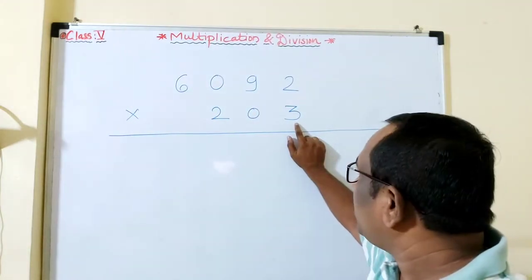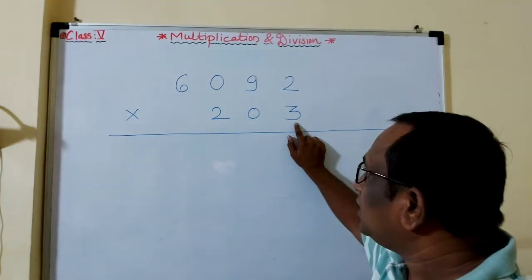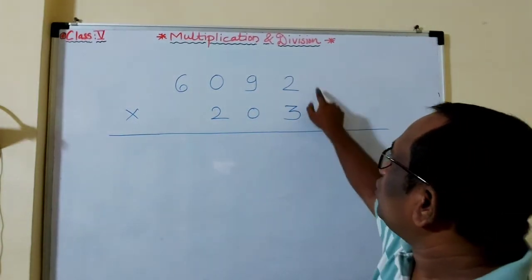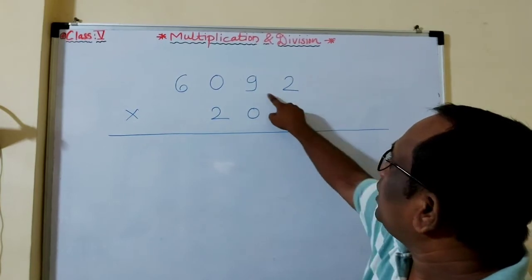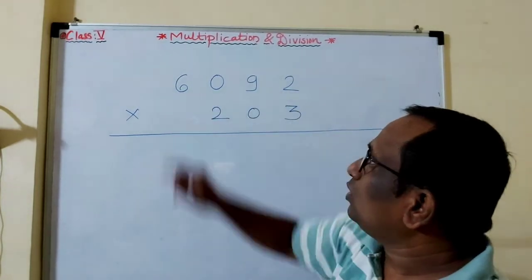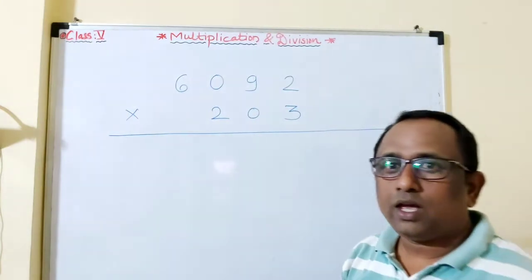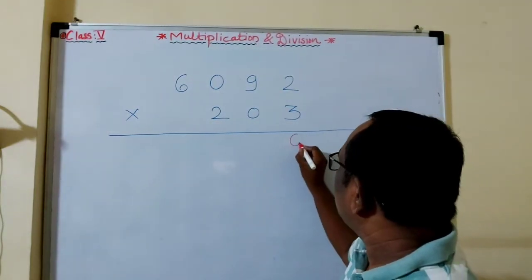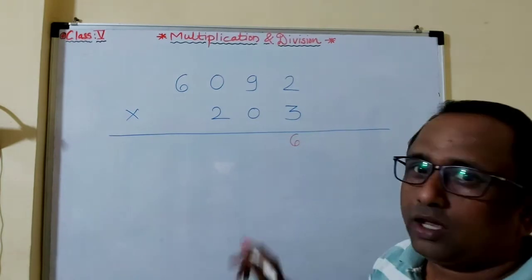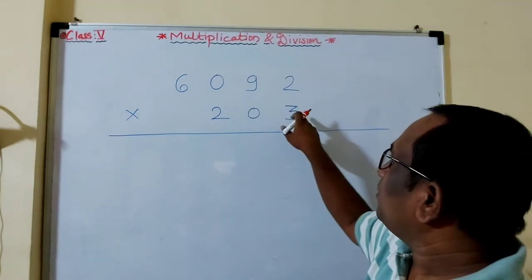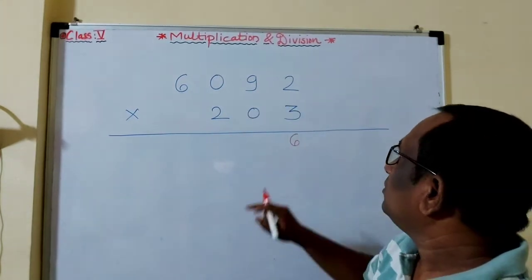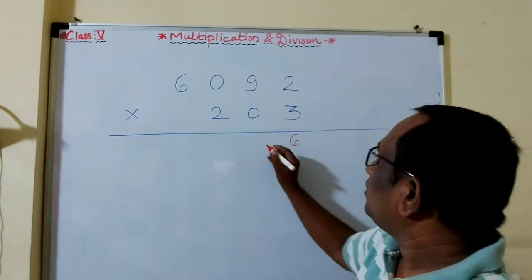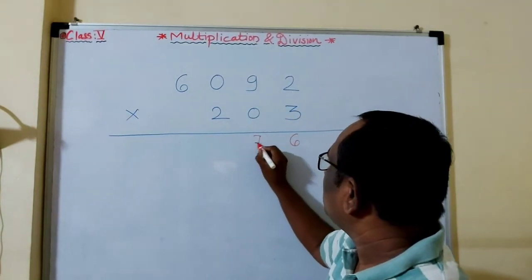Okay, now here first we have to start from the unit place. The unit place here is 3. So we have to multiply 3 to 2, 3 to 9, 3 to 0, 3 to 6. Okay, now let's see. 3 1s are 3, 3 2s are 6. Now 3 multiplied by 9. 9 3s are 27.